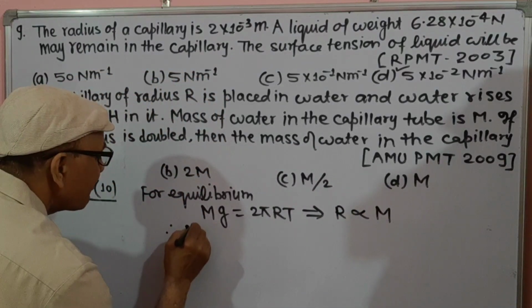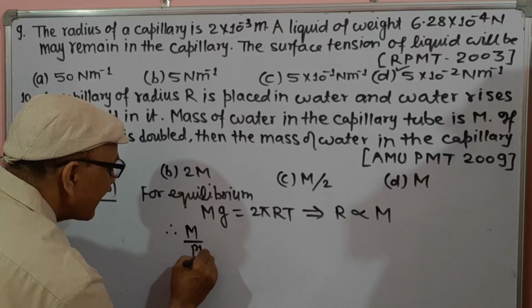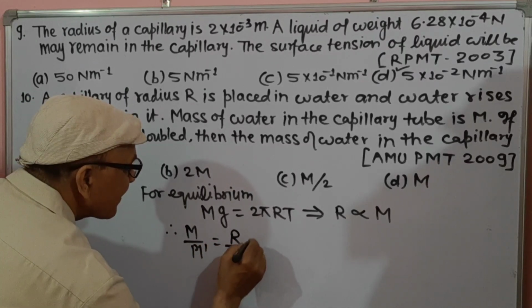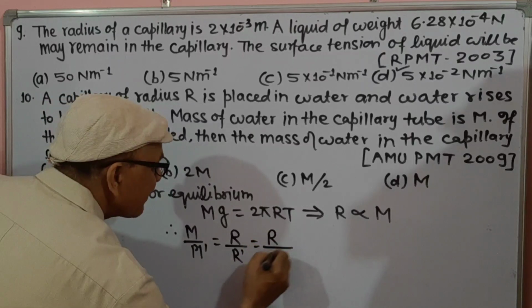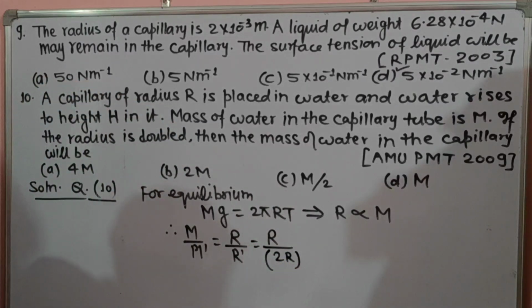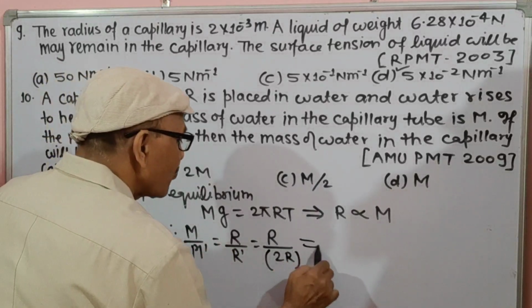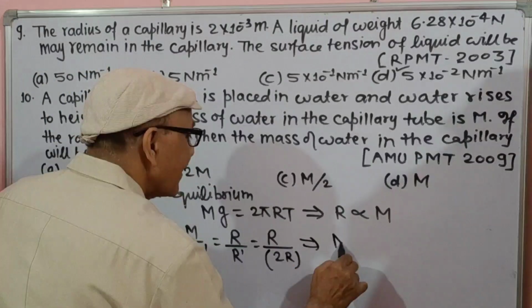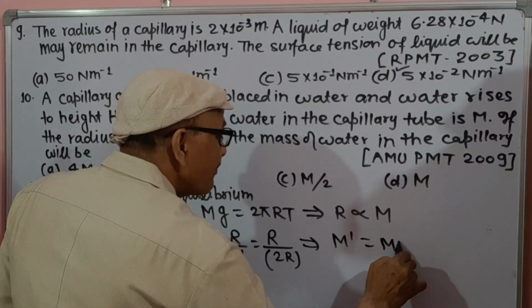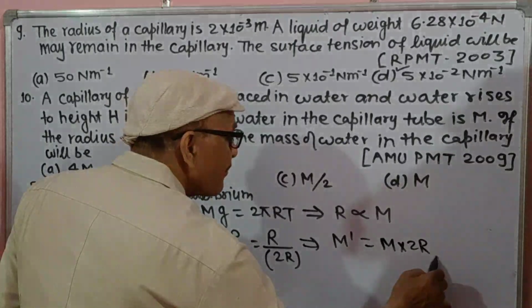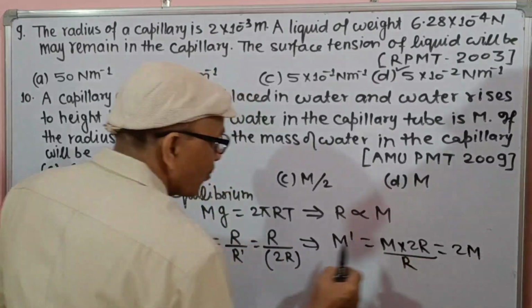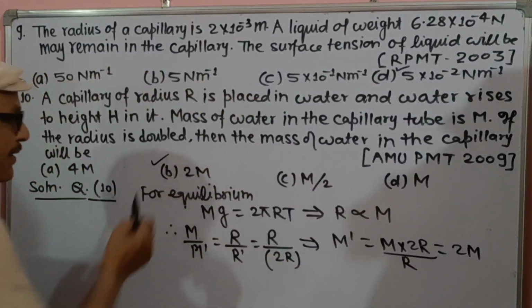Therefore, m upon m dash will be equal to r upon r dash, which is r upon 2r, because the radius has been doubled. So we get m dash equal to m into 2r by r, that is 2m. So the correct option will be B, 2m.